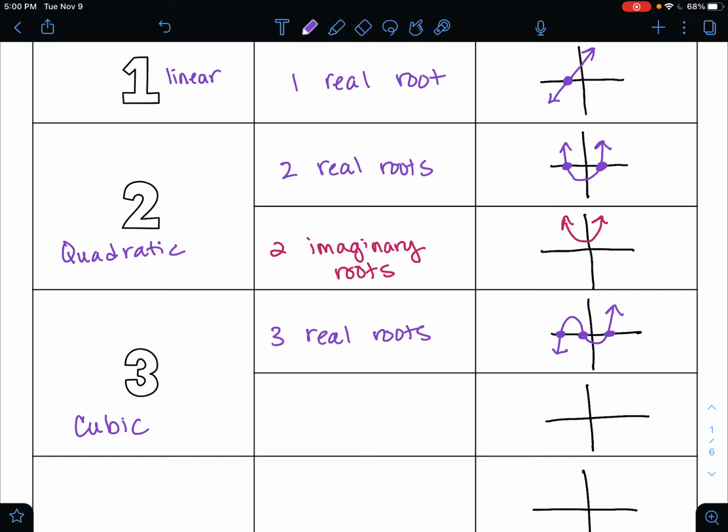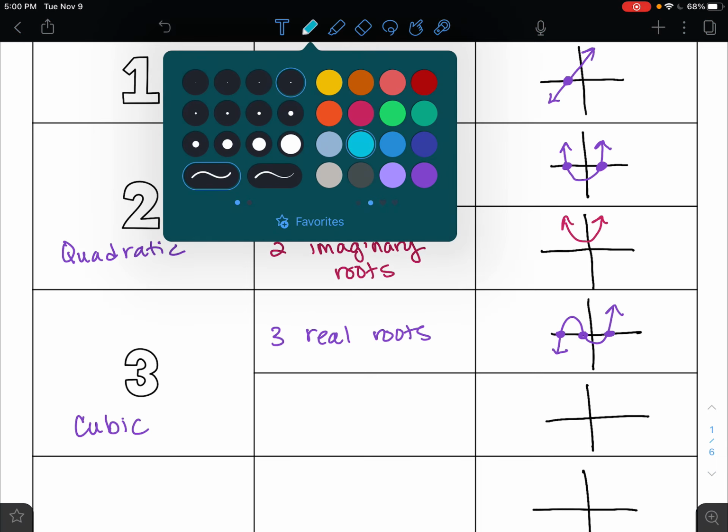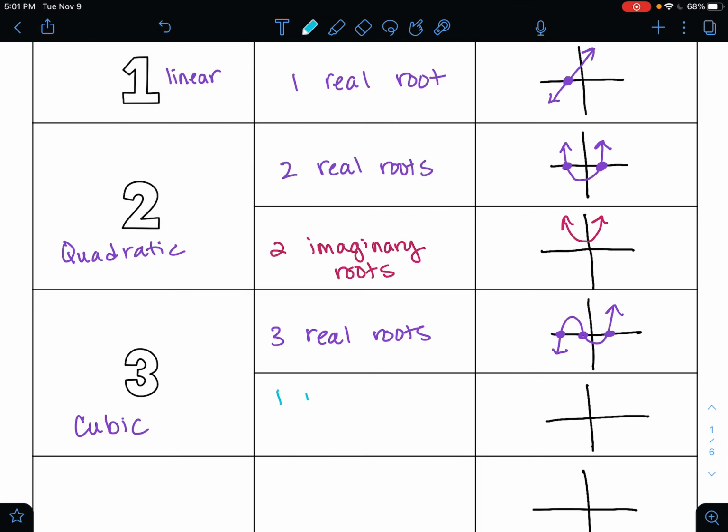Another thing could happen. You could have one real solution, so one real root, and two imaginary roots. You could not have it the other way around. You could not have two real and one imaginary, because remember, your imaginary numbers always come in pairs.